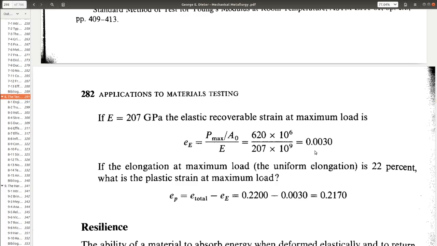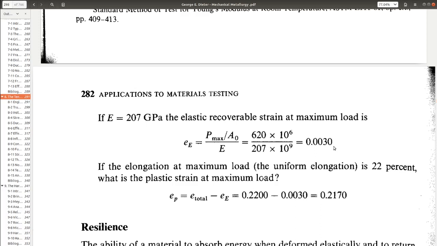And if the elongation at maximum load is 22%, what is the plastic strain at maximum load? That's simple. This is the total strain, and in that total strain, this is the amount which we could recover.